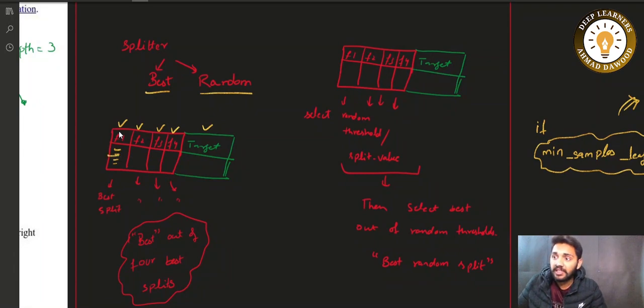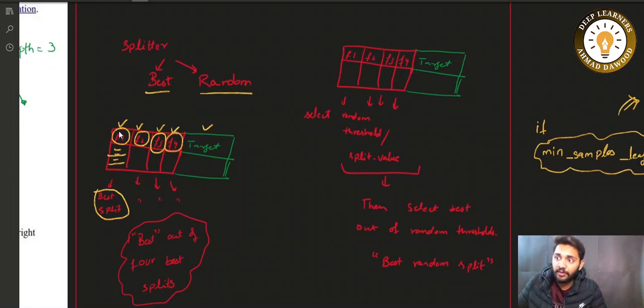If you do a partition at this point, what will be the Gini impurity? If you do a partition at this point, what will be the Gini impurity? You see all the split values of f1 and select the best split value for this feature f1. In this way, you select the best split value for f2, then f3, then f4.